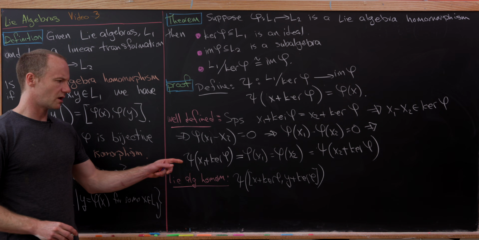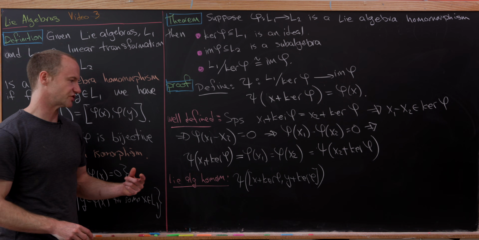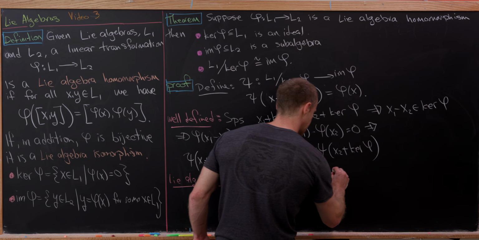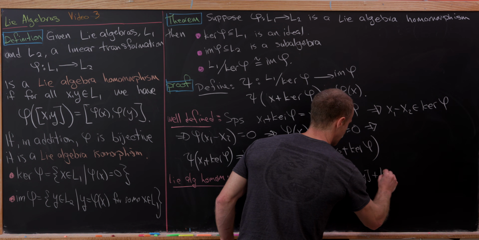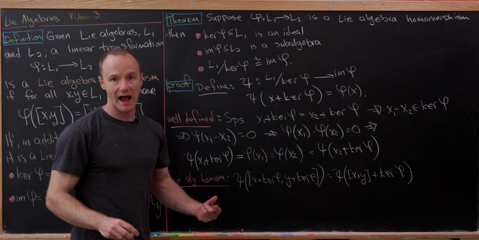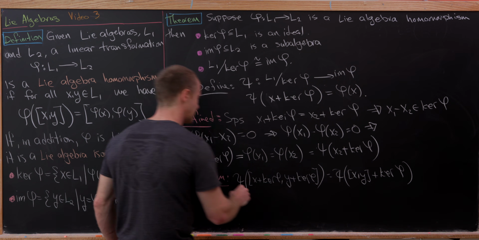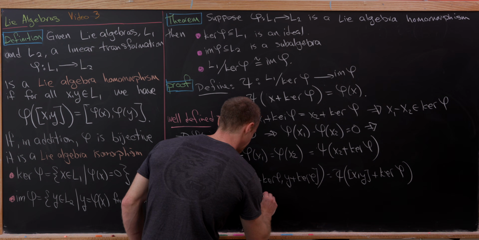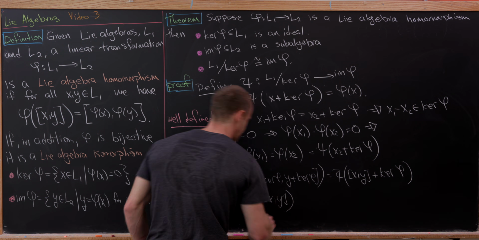But let's recall, in order to bracket those two inside of a quotient Lie algebra, you get psi of bracket xy plus kernel of phi. That's the definition of the bracket inside of a quotient Lie algebra, as we saw last time. But now by the definition of psi, that'll be phi operated on bracket xy.